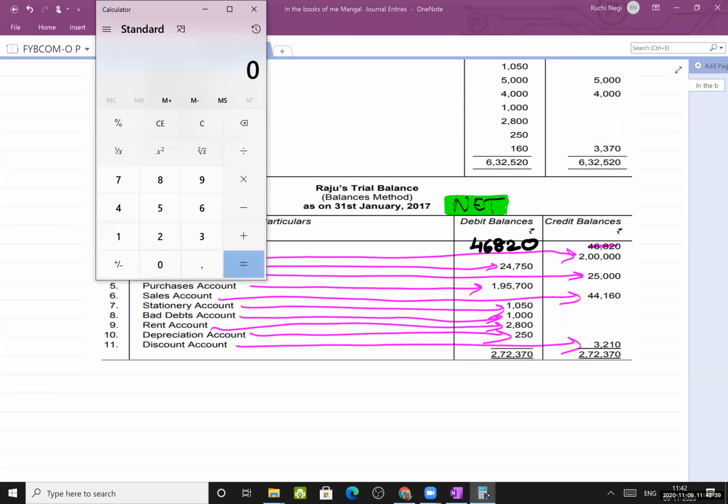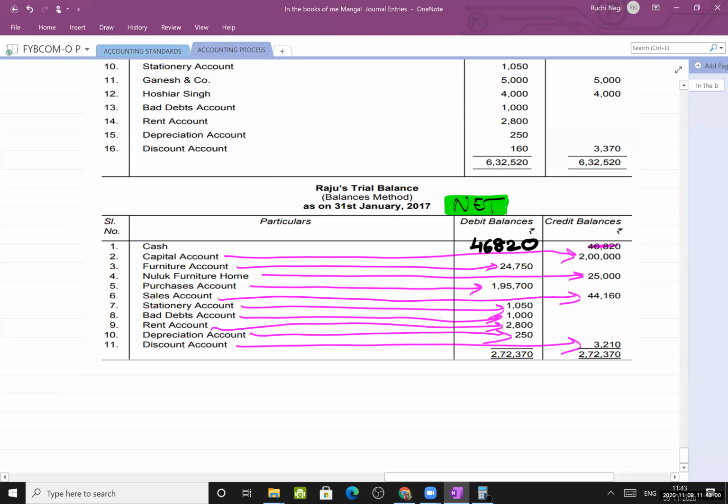Just a minute. 2 lakhs plus 25,000 plus 44,160 plus 3210. Yeah, it tallies, 2,72,370.